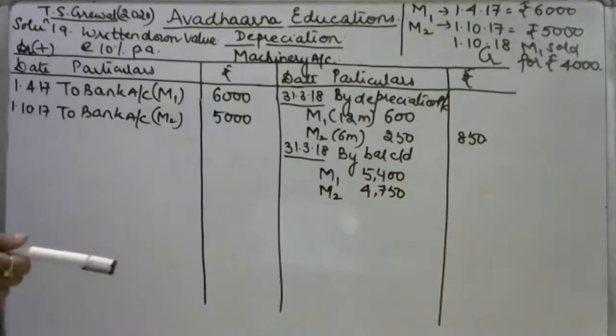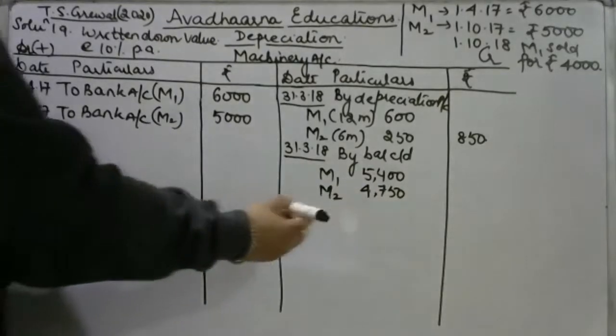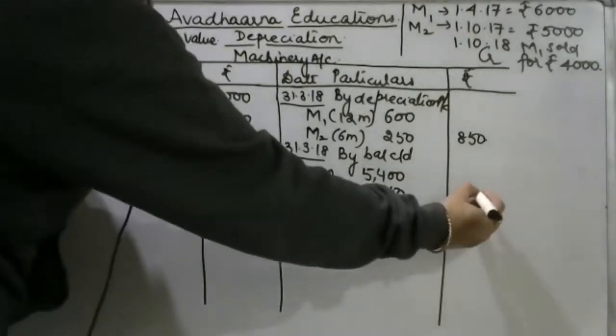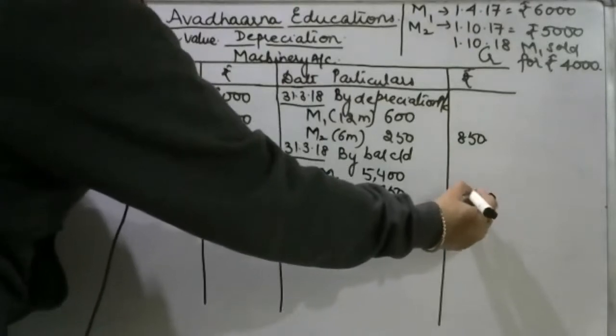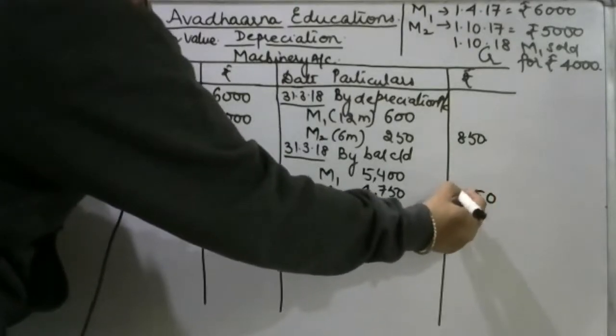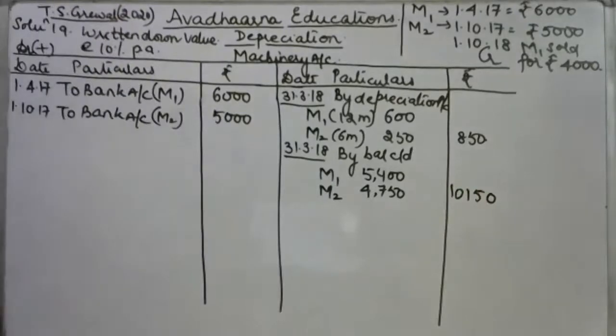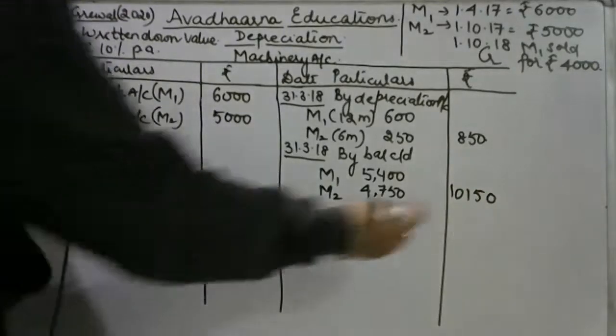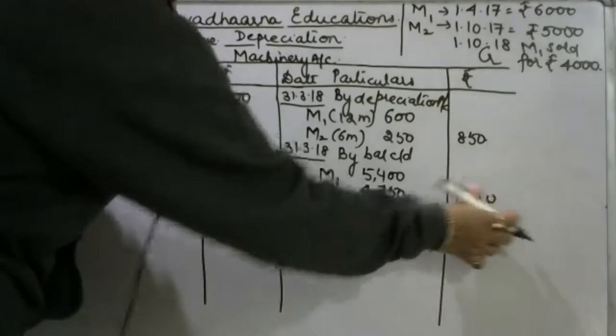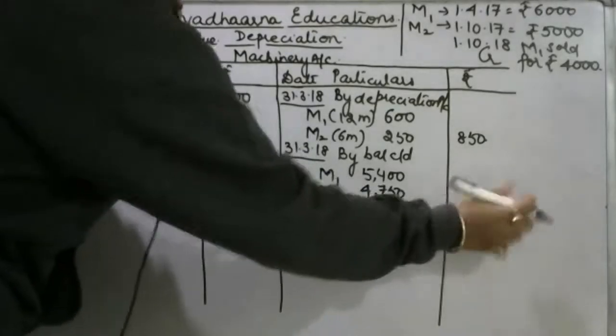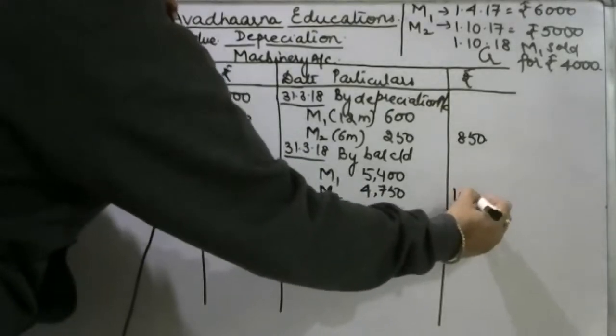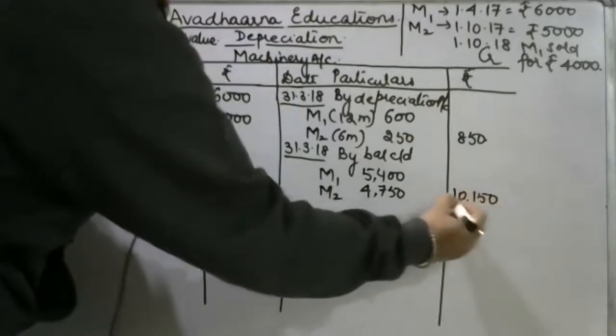Now the balance of the total machinery M1 and M2 is 10,150.